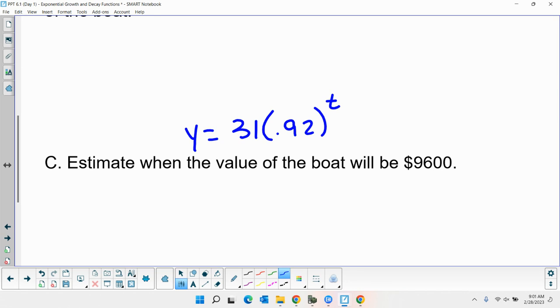So what you can do, if you leave it at 31, that's what I should have done on the other one. You leave that at 31, then leave 9,600 as 9.6 on your second equation, and then see where they meet.